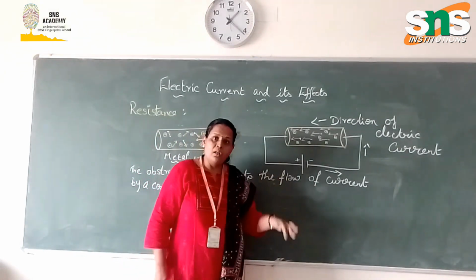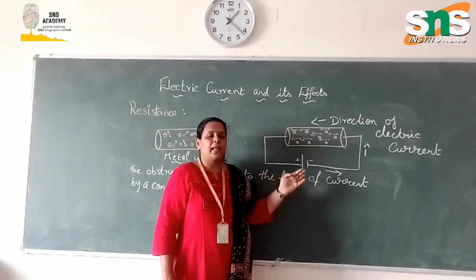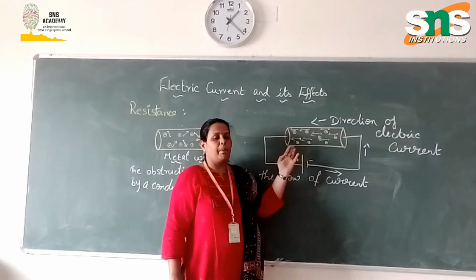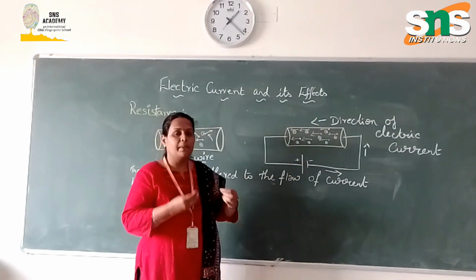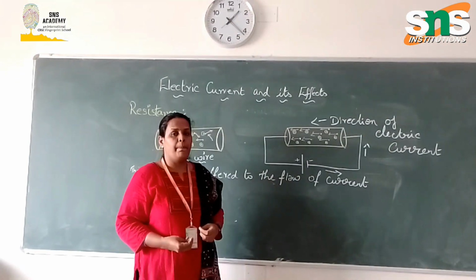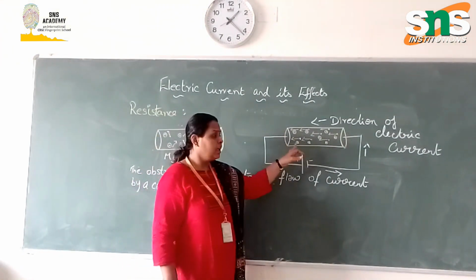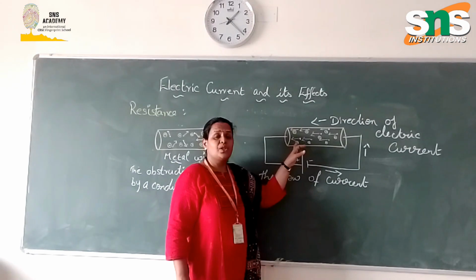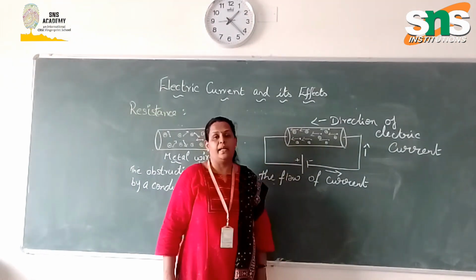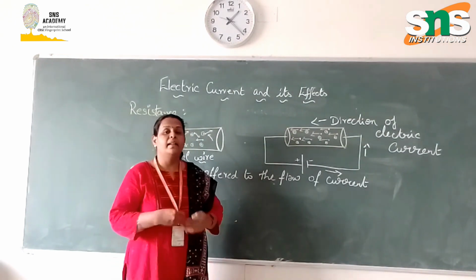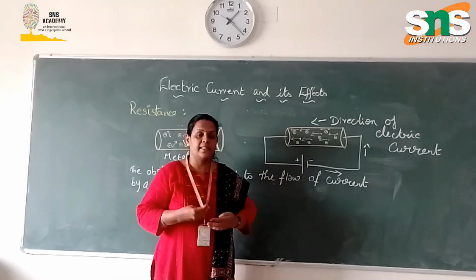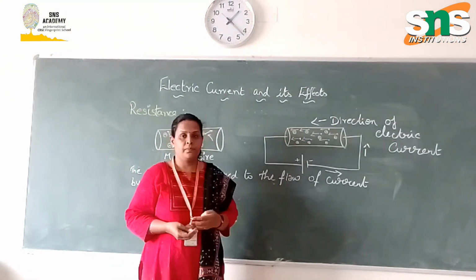At that time also, chances are there for it to collide with the positive ions or other electrons. So automatically, they will start to drift towards the positive side. The electrons will start to drift, and the drift here is changing into the heating effect.